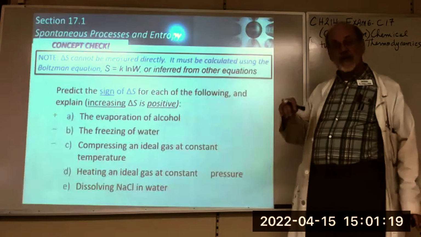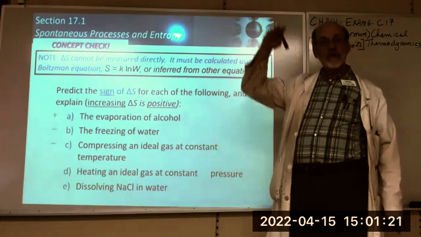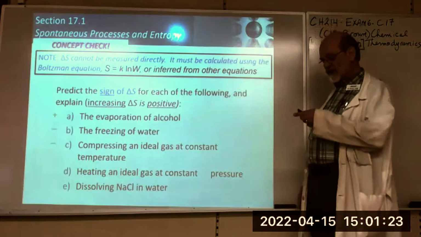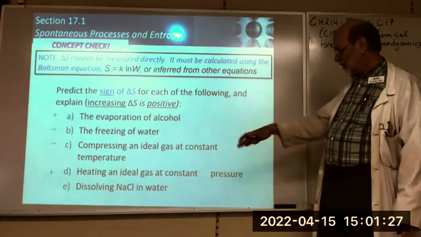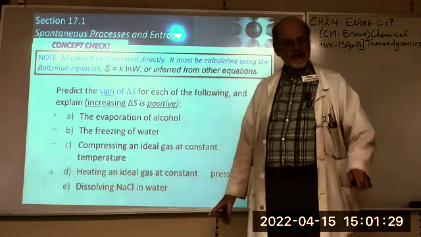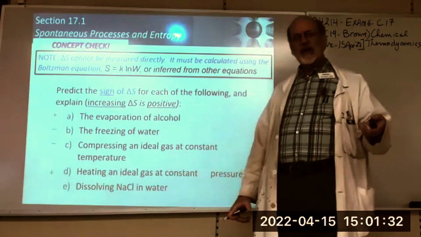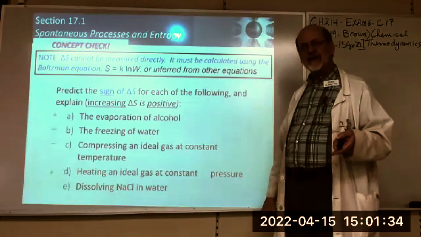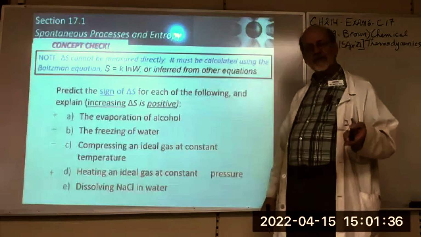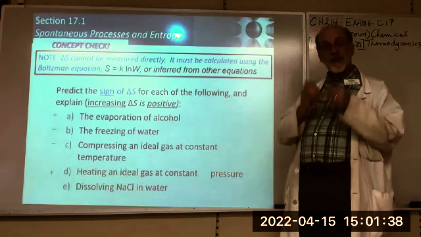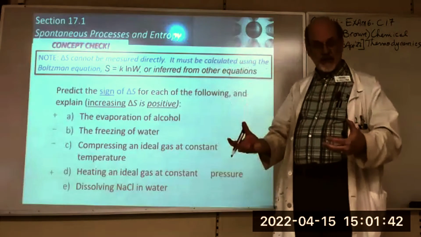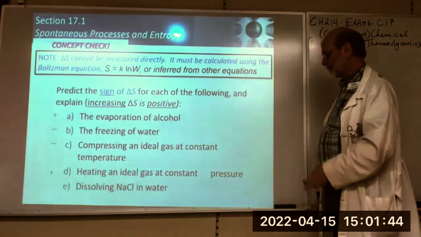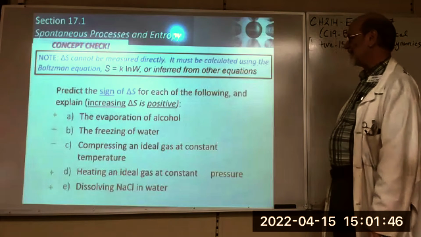Well, if the pressure is constant, you have to increase the volume, which means entropy will be positive, has to increase. And dissolve sodium chloride in water. This might take a second to think about. Okay, sodium chloride is a solid. Now we're going to put it into solution and separate the ions from that solid matrix. Entropy is increasing.